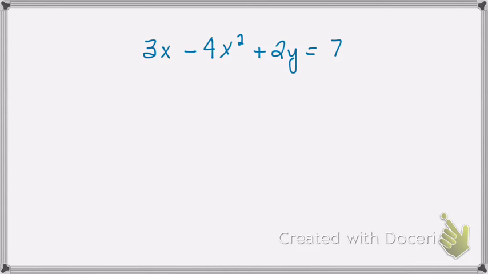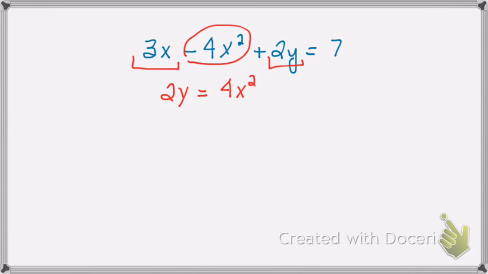And to put this in quadratic form, we would not leave the 4x squared, but we would leave the 2y on the left hand side. I'm going to add 4x squared to both sides, which moves it over to the right and removes it from the left. I'm going to subtract 3x from the left, which moves it over to the right. Now I've got the 7 sitting over there.